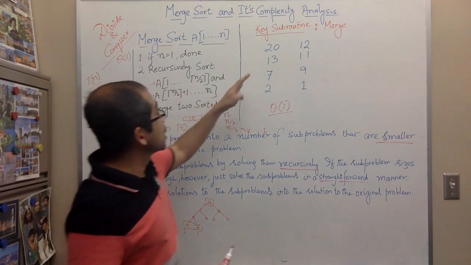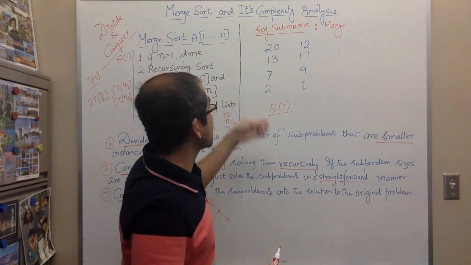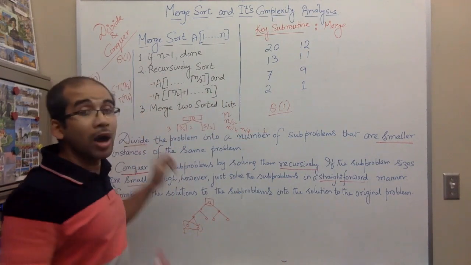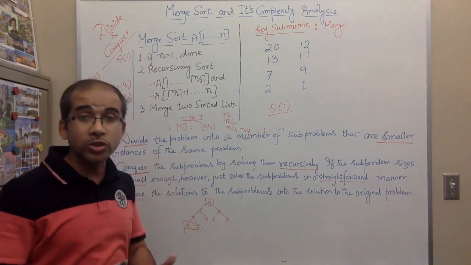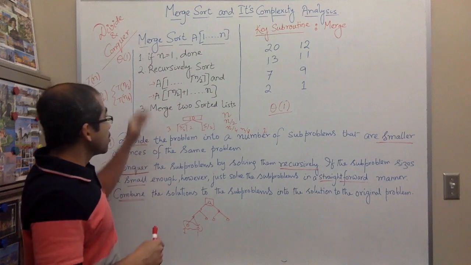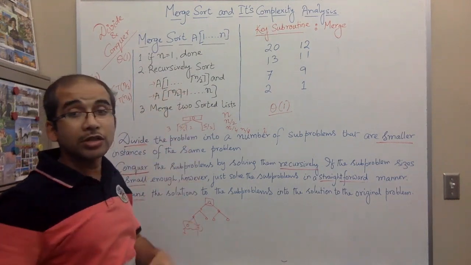Let's explain this with this example. One thing I want to tell you is that the merge procedure is the most important procedure, the heart and soul of merge sort, because the other things are just recursive coding.